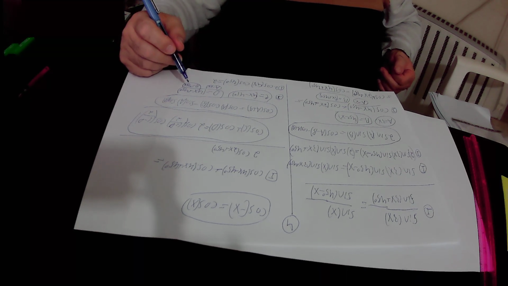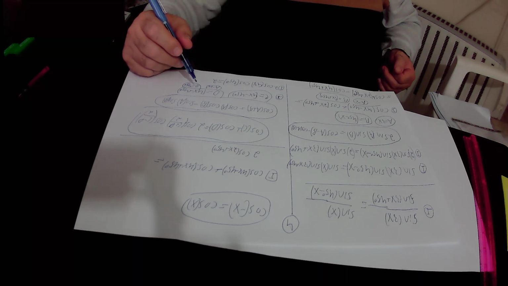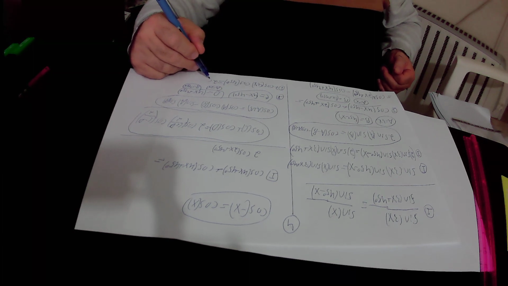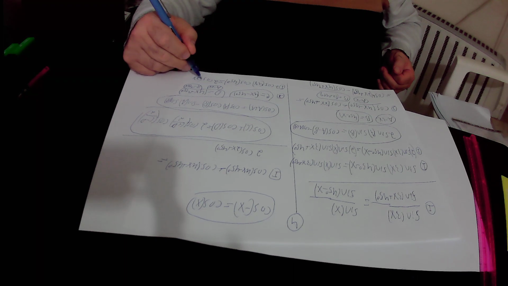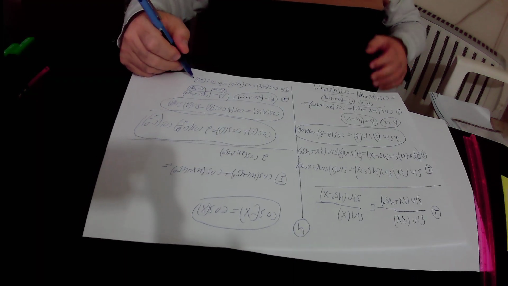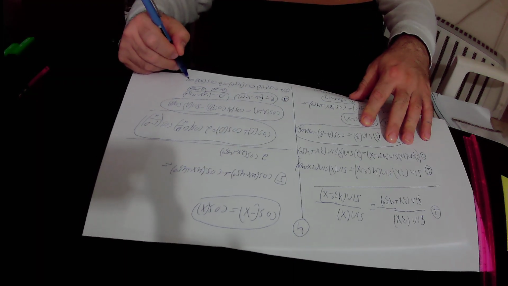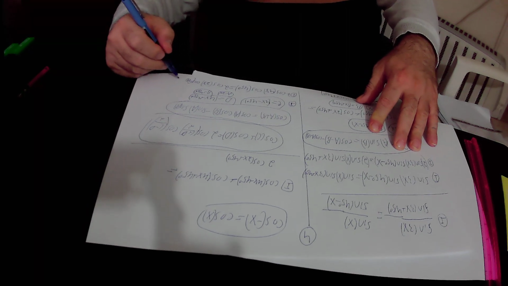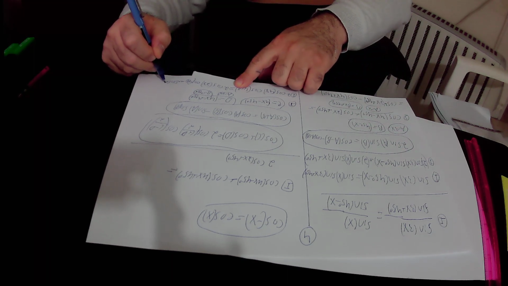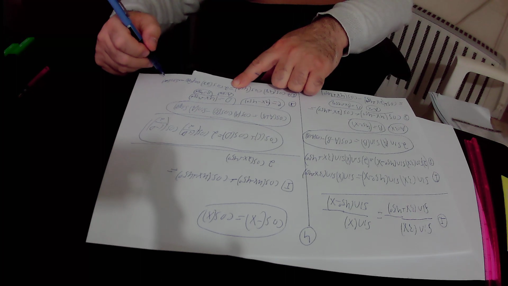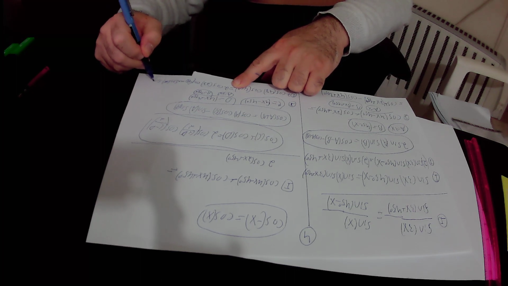So cosine A plus B equals cosine A cosine B, that is, cosine 2x times cosine 45 degrees, minus sine A, which is sine 2x, times sine 45 degrees.